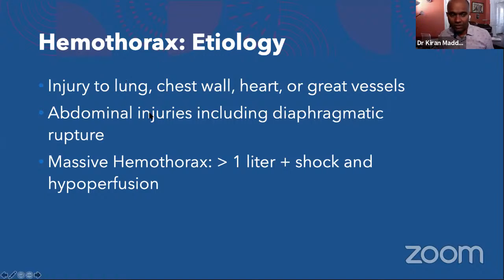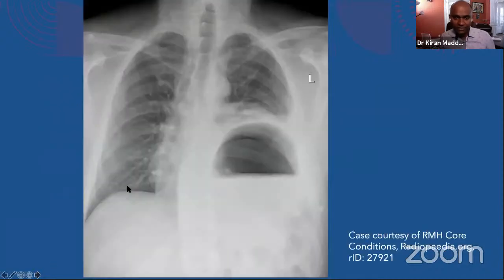Also remember that abdominal injuries, including a diaphragmatic rupture, can also cause hemothorax. A massive hemothorax, for treatment purposes, is more than 1 liter with shock, coexistent with hypoperfusion, and that becomes a clinically significant case.